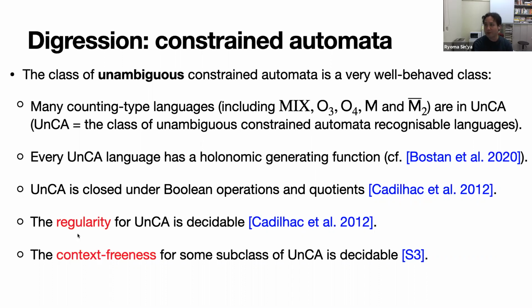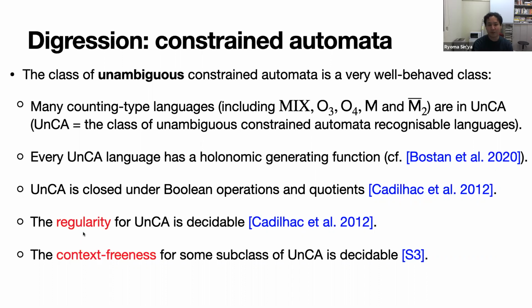Regularity asks whether a given unambiguous constraint automaton recognizes a regular language or not. And this kind of property is undecidable for some language classes with good closure properties and undecidable universality problem.